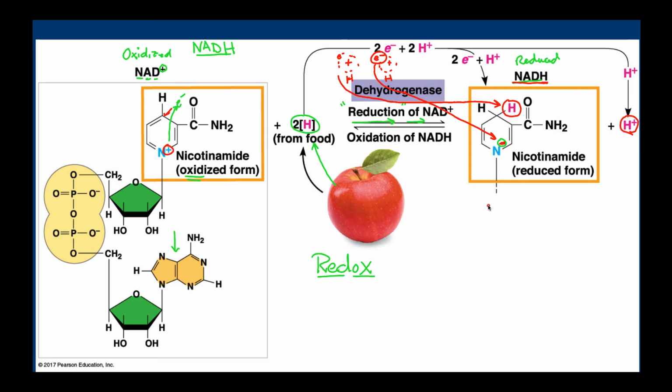So we will abbreviate NADH as the reduced form of the electron carrier, but it always represents NADH plus a hydrogen proton. Okay? This will just be the abbreviated form that you're going to see in our discussions and in the textbook and so forth. Okay? So, this is a reversible reaction.